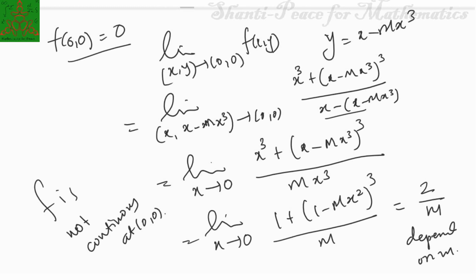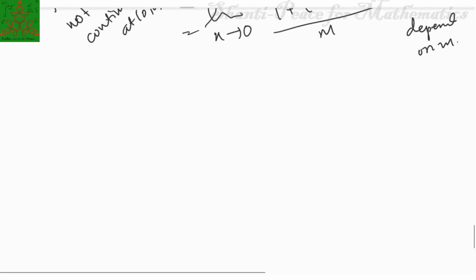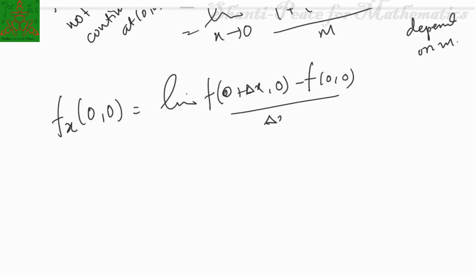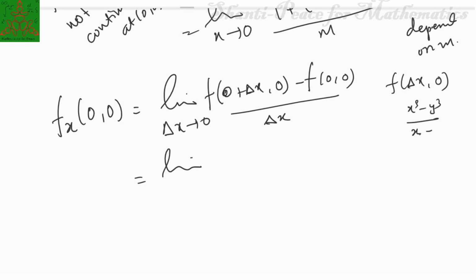Now the second question was to check whether fx at (0,0) exists or not. fx at (0,0) is the limit of f(0 plus delta x, 0) minus f(0,0) upon delta x, as delta x tends to 0. As per the definition, f is (x cube plus y cube) upon (x minus y).